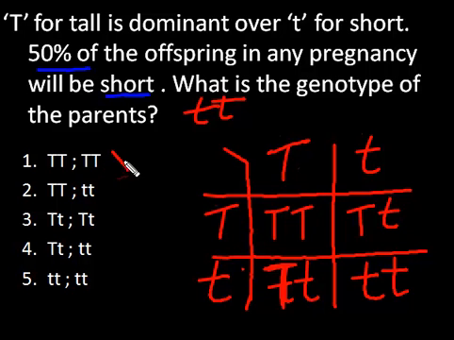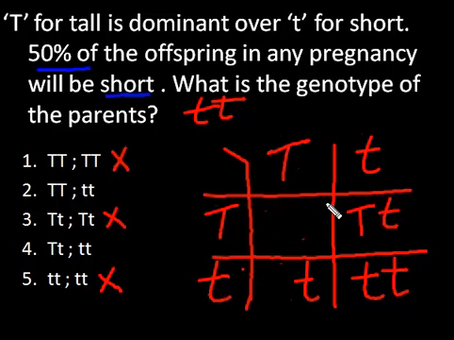So we've discounted this one, and both parents being heterozygous also doesn't work out. Let's work out what the possibilities can be.